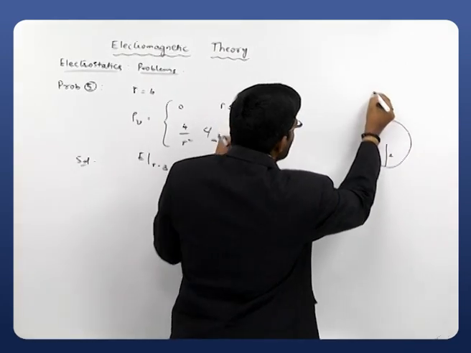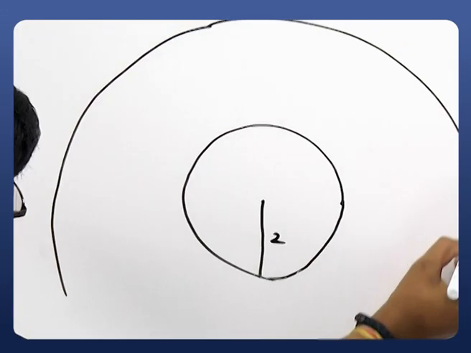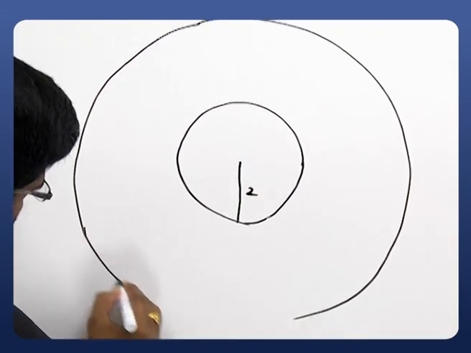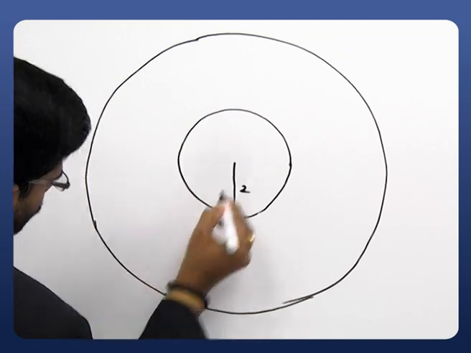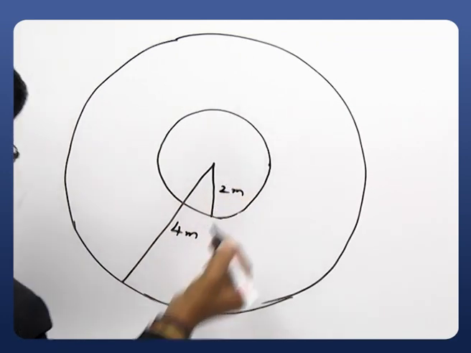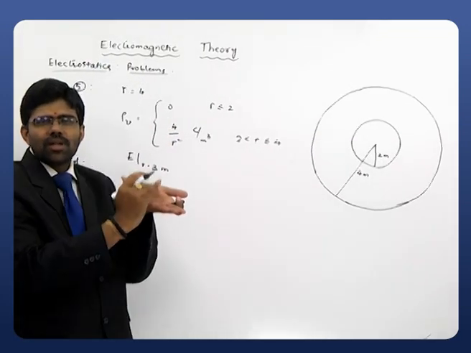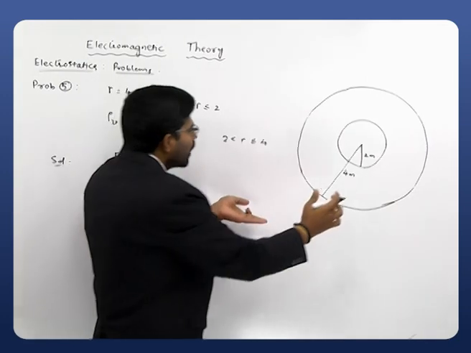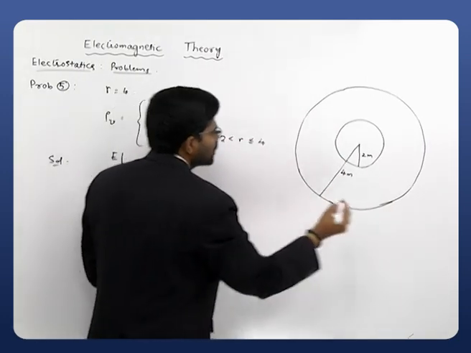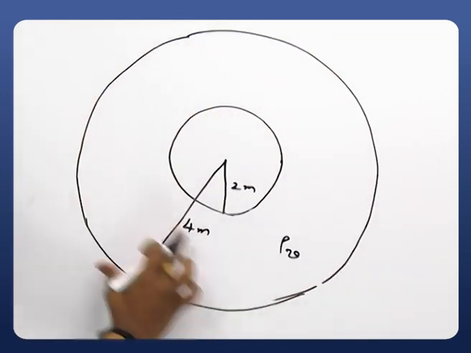And next, this is the r equals 4 meter sphere. Between the 2 meter sphere and the r equals 4 meter sphere, we have volume charge density which is given with some expression. So rho v is present in this particular region only.